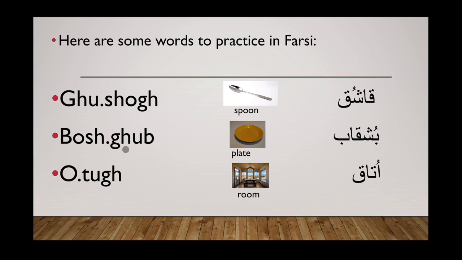Bosh khab. This means plate. And how about this one? Otaq, otaq. This one means room. You may need to practice the R sound quite a few times until you get used to it.